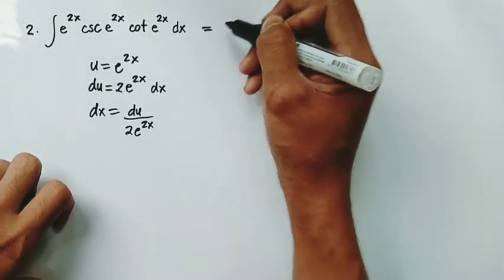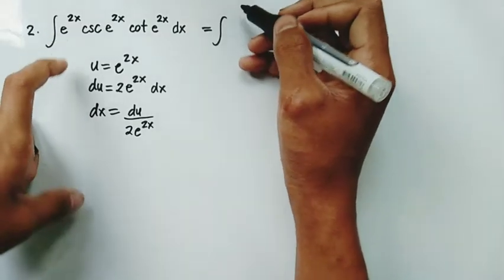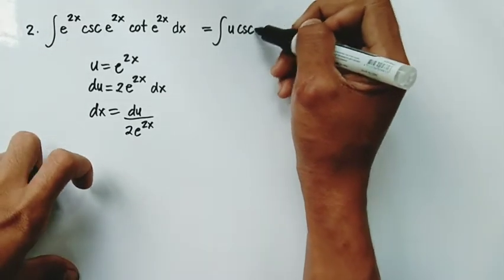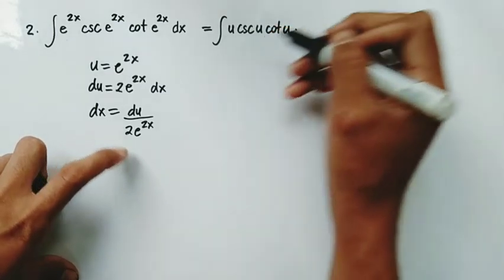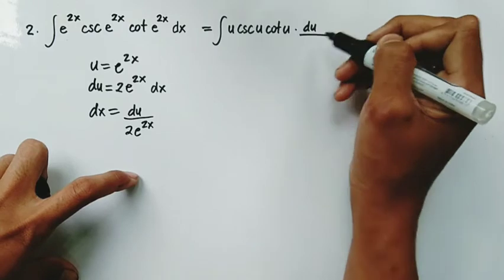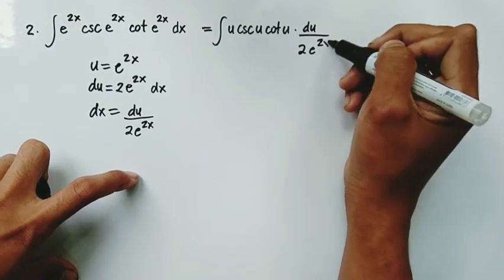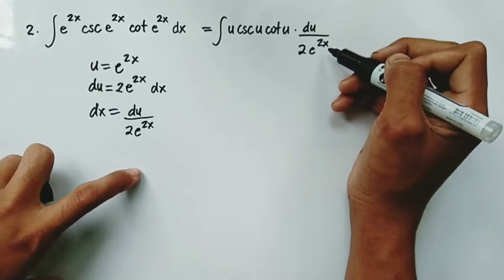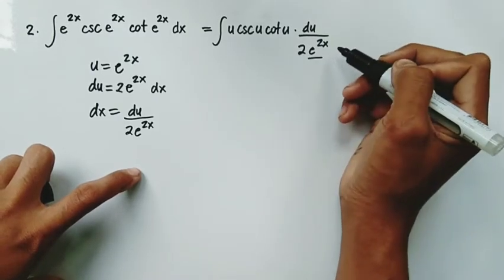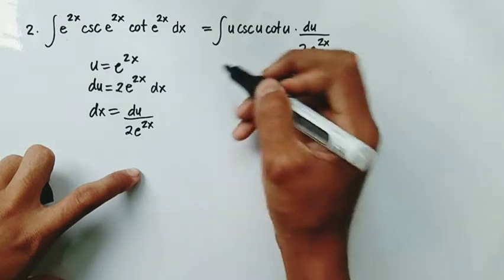Now, substitute. Integral of u, magiging u na yon, u cotangent u, and yung dx natin is du all over 2 e to the 2x. Mapapansin natin na meron pa tayong in terms of x. And etong e raised to 2x is exactly yung nilet natin na u.